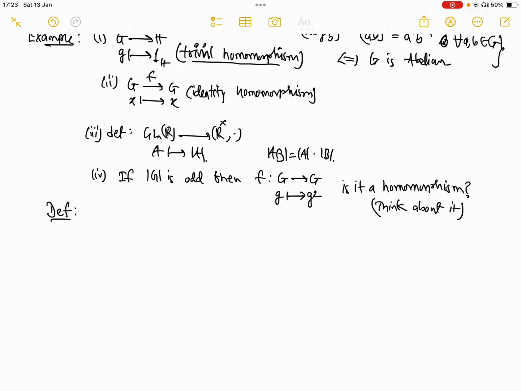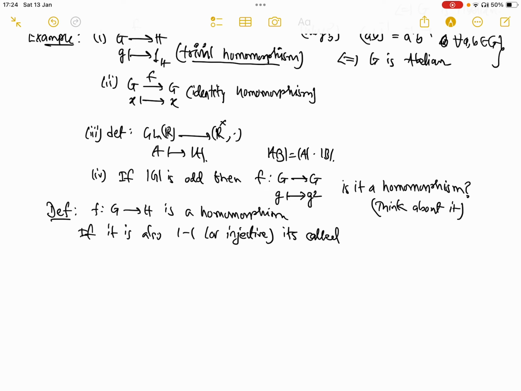So suppose this is a homomorphism. Now you know what's a homomorphism. So this homomorphism, if it is also one to one, that means injective, is called monomorphism.